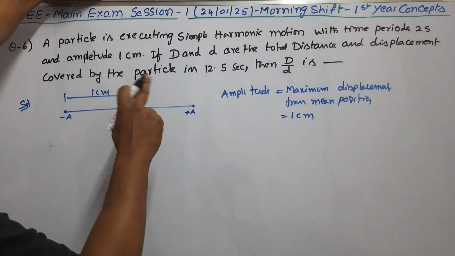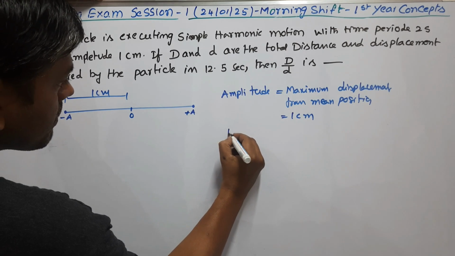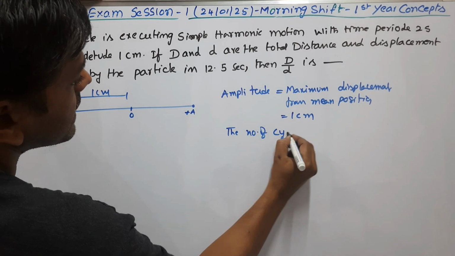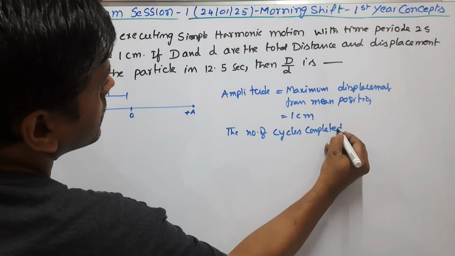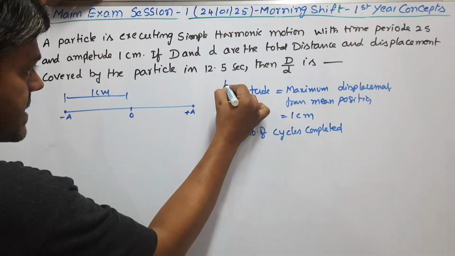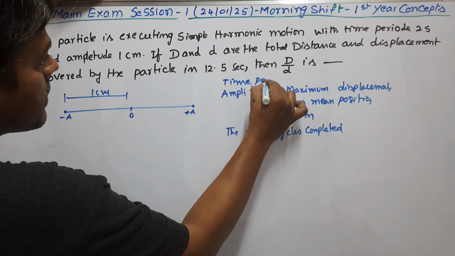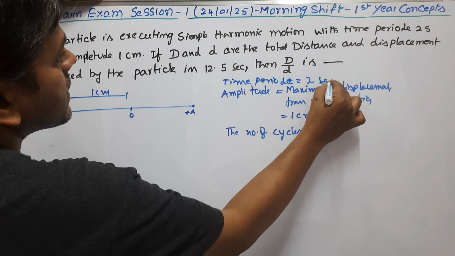What is given? The particle covered, that means in 12.5 seconds, the number of cycles completed. Why? Because the time period is given. What is the time period of this object for completion of one oscillation? 2 seconds.